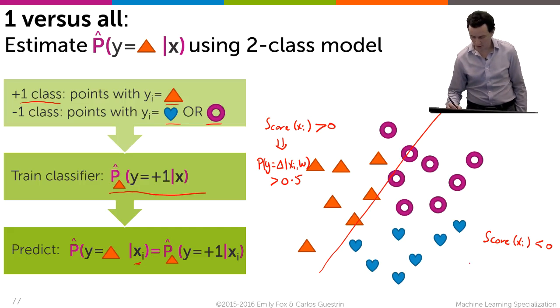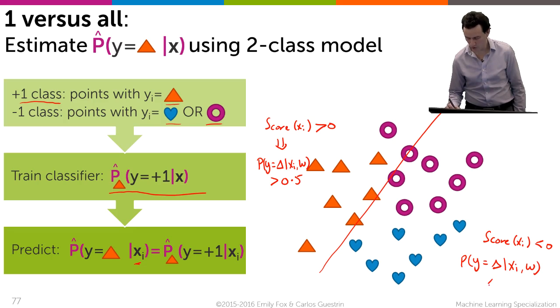And on the other side, the probability that y is equal to triangle, given the input xi and the parameters w, is going to be, hopefully, less than 0.5.